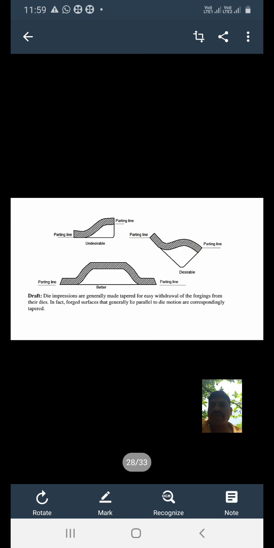The forged component should be provided with adequate draft. Next, to prevent the drill from breaking the surface at which drill centers have been given. See, there are some parting lines given. With the help of those lines we can make the cavity, and you will also get better quality in the forging.